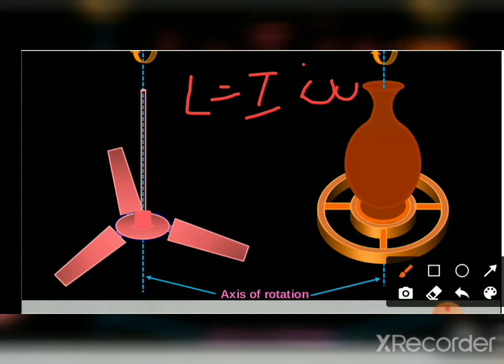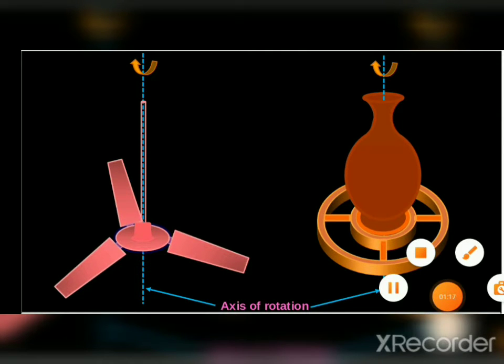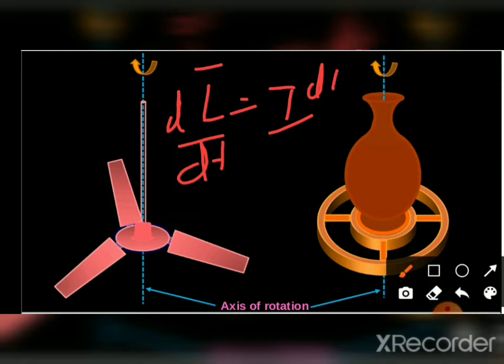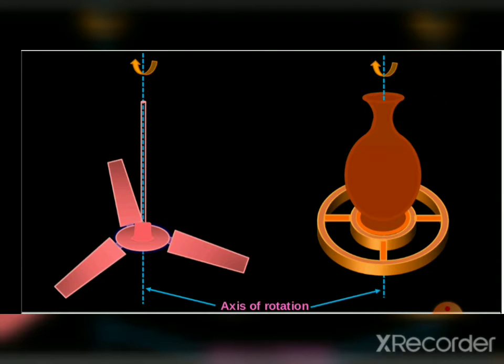Then dL is equal to I omega d phi by dt, which is equal to I alpha, which is equal to your torque, and torque is nothing but a force.